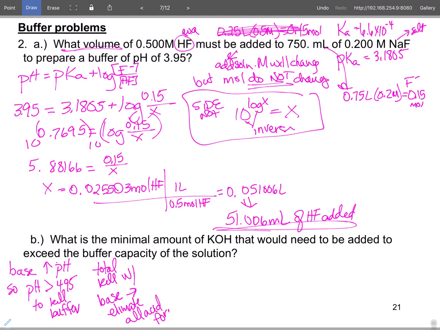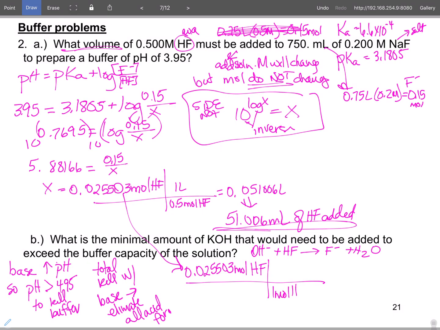Now, from here we knew that we have 0.025503 moles of HF. Well, if the hydroxide reacts with the HF to produce only F minus and water, then we want to kill all of it. So what we're looking at is 1 mole of HF reacts with 1 mole of hydroxide.